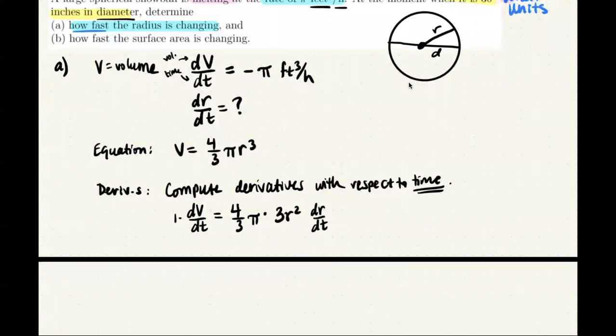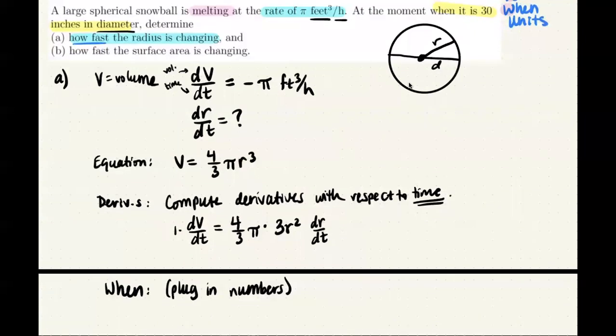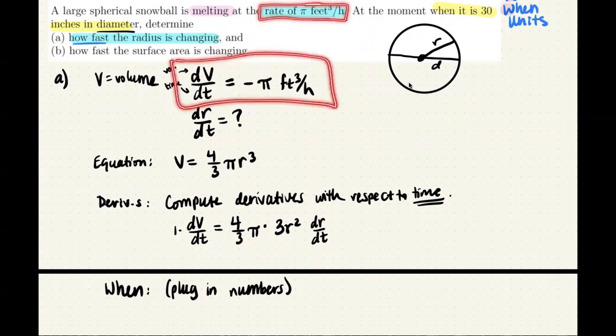The when step means we want to start plugging in numbers. The numbers that we know are dV/dt. Remember, we had that way up here. dV/dt is negative pi.